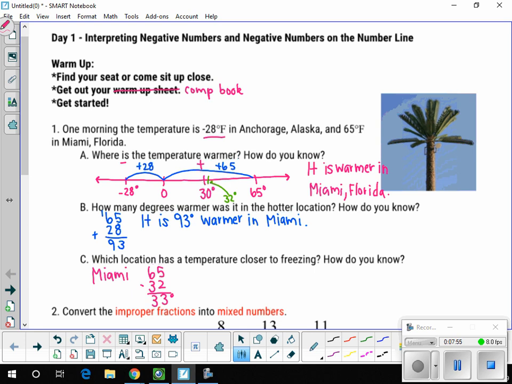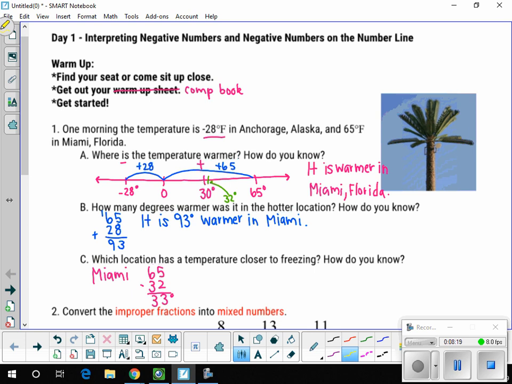All right, Emma, would you like to continue with how we could figure out how far Anchorage, Alaska is from the freezing point? Yeah, I'm going to kind of guess. Go for it. But I think kind of like what Adam did, it was 28 on the number line.